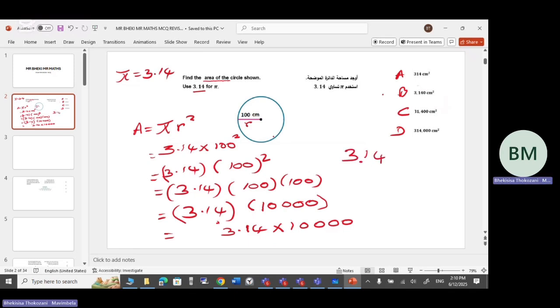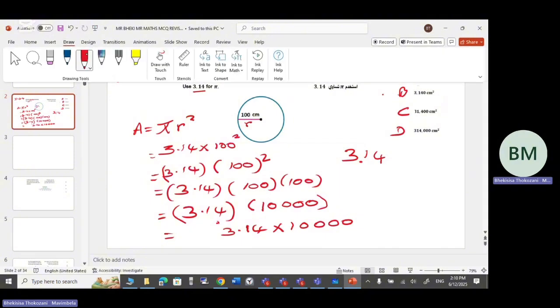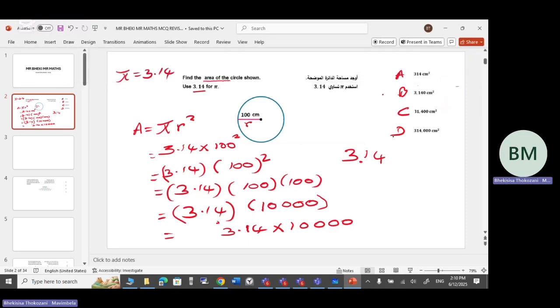The comma is here. Let me use a different color, this blue here, so it's easy. We said we're going to move it how many times? 1, 2, 3, 4. 4 times.